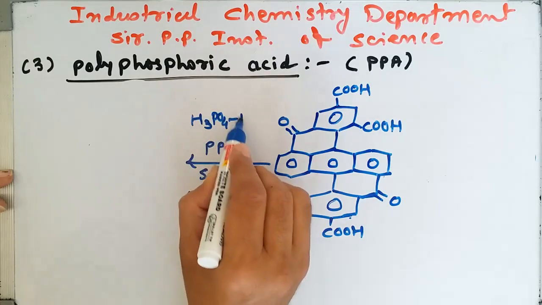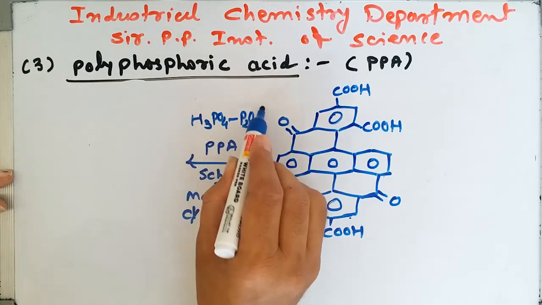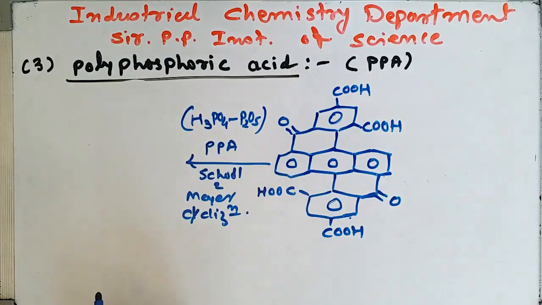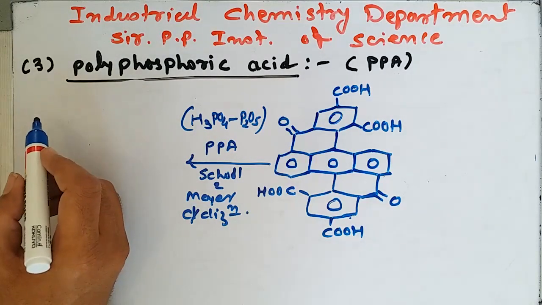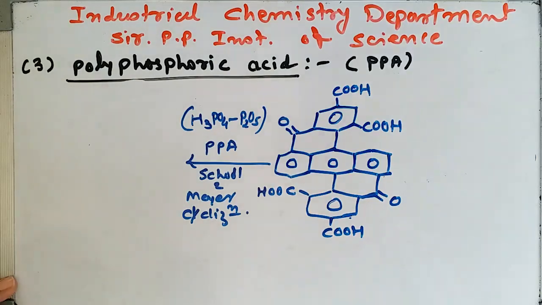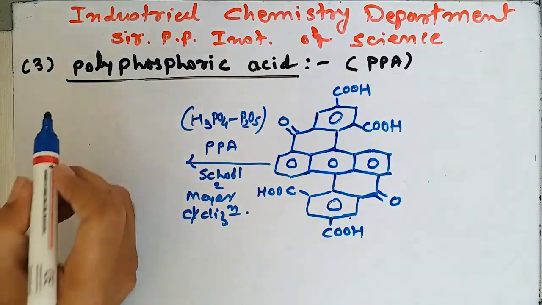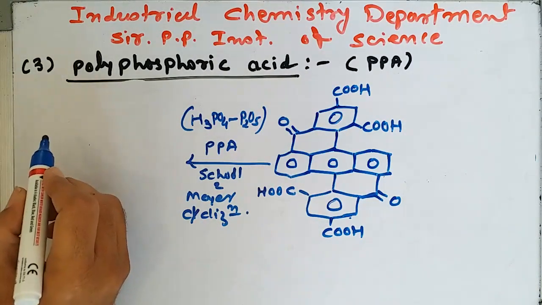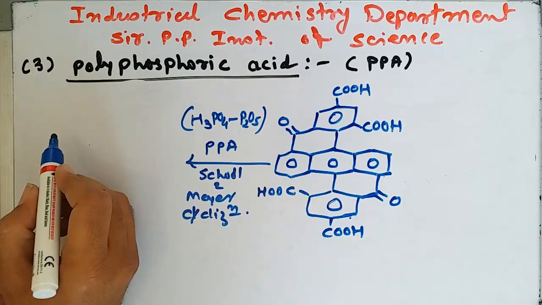or H3PO4 and P2O5, a mixture of H3PO4 and P2O5. First of all, this compound is converted into a derivative of hexacarbocyclic compounds.